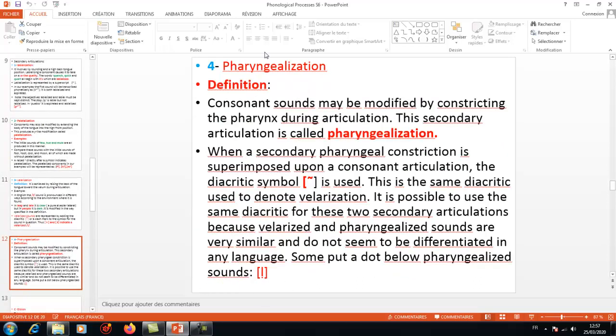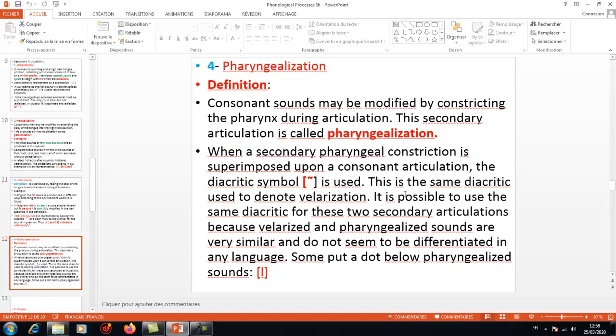Now, pharyngealization is also another kind of secondary articulation. Here, consonant sounds may be modified by constricting the pharynx during articulation. This secondary articulation is called pharyngealization. Now, when a secondary pharyngeal constriction is superimposed upon a consonant articulation, this diacritic symbol is used.